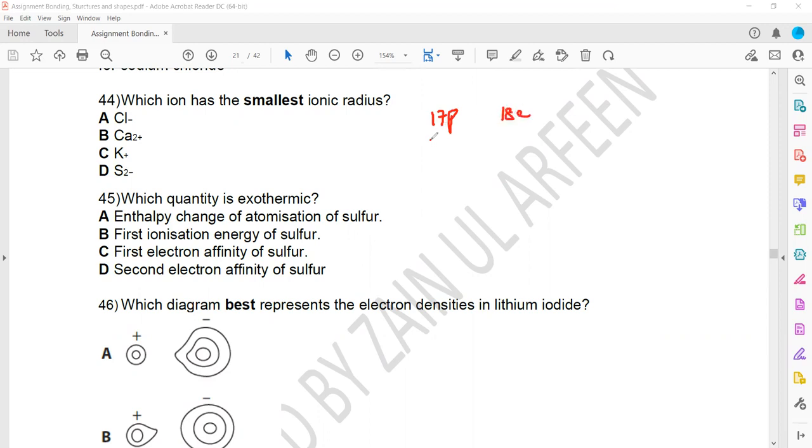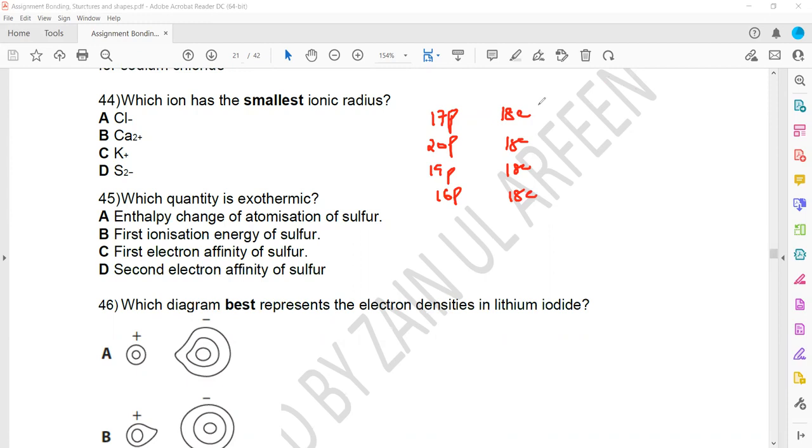Calcium is atomic number 20, so 20 protons, but with a 2+ charge it lost 2 electrons, so it will have 18 electrons. All are isoelectronic. Potassium has 19 protons, and because it lost 1, 18 electrons. And sulfur has 16 protons, but 2- means 18 electrons.